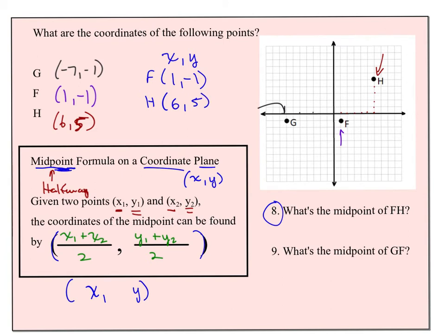So my midpoint then is going to be 1 plus 6 divided by 2, -1 plus 5 divided by 2. So that's simply going to be 3.5 and 2. So if I just sketch that, 1, 2, 3.5, and go up 2. So this would be my midpoint between F and H.